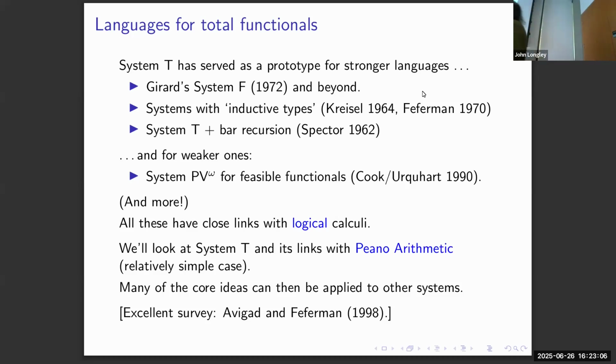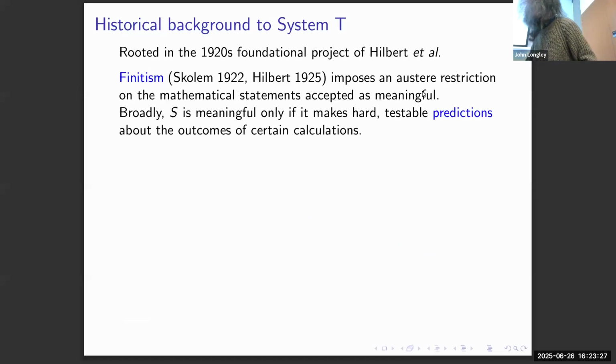Things are fairly clean. But then the idea is that it sets a pattern, and many of the core ideas that you can understand in that framework can then be rolled out to some of these other situations. So this is one reason it's worth studying system T as a relatively simple arena for grasping these ideas. There's an excellent survey about this stuff.